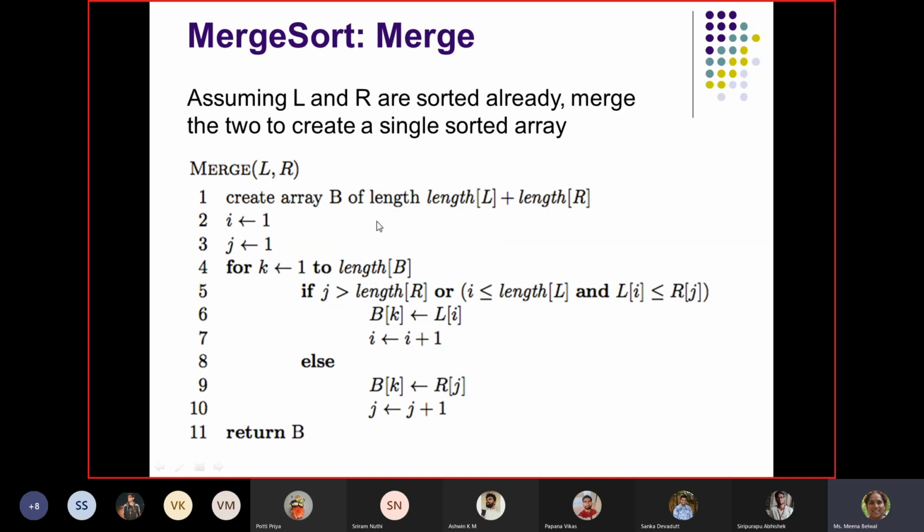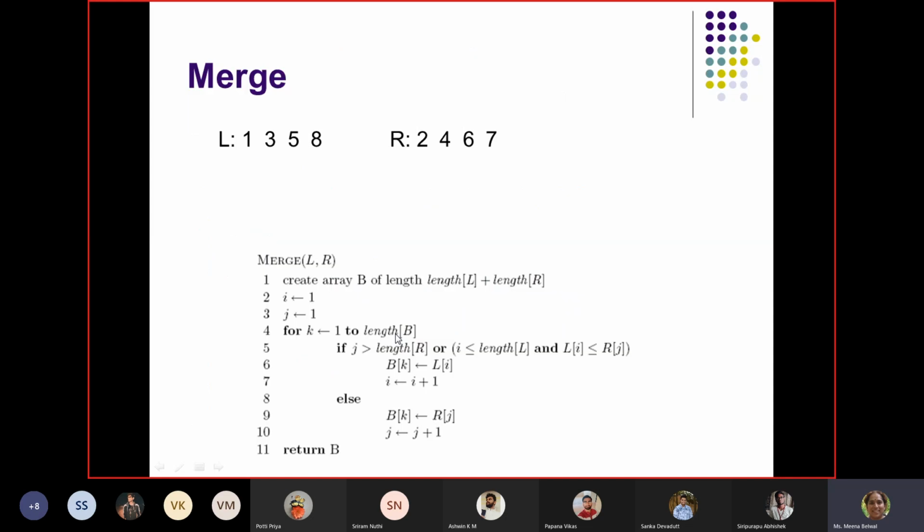Then you create a new array whose length is the combined length of both sorted arrays, and you compare elements of the first array with elements of the other array. We had taken indexes I and J. So the same algorithm, we have made a working solution.